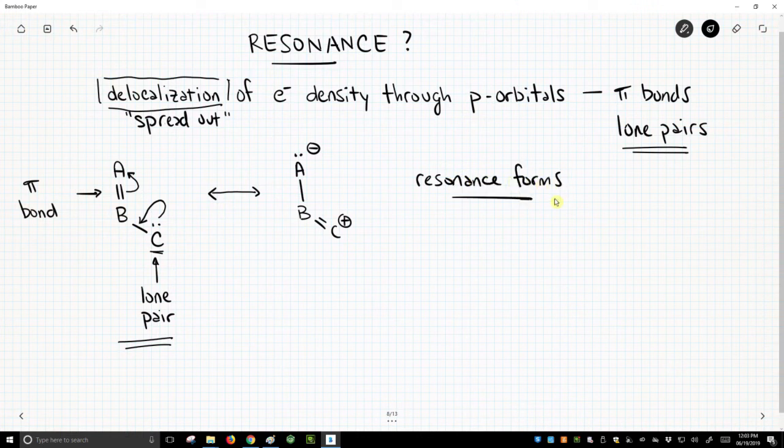And resonance forms are simply Lewis dot structures, different Lewis dot representations for the same molecule. You just rearrange the electrons. We haven't moved atoms, we've only moved electrons. So if we looked at these as Lewis dot structures, which Lewis structure would we like better? Well, we like the one on the left because there are no formal charges.